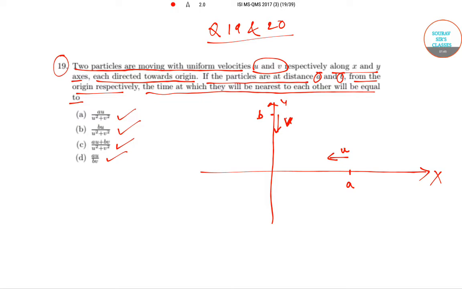Let us assume that after time t, the particle which was initially at a reaches a1, and the particle which was initially at point b reaches point b1 at time t.